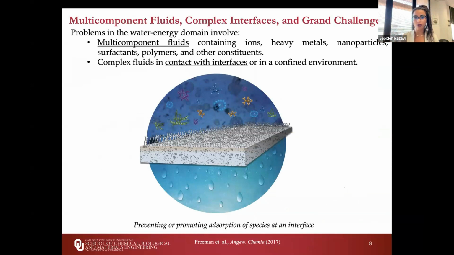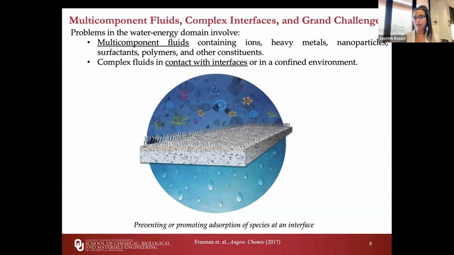Because if you're now thinking about wastewater, you're working with a soup of many different ingredients, such as ions, heavy metals, surfactants, polymers, nanoparticles, what have you. And you have to understand how these different species interact with each other. How do they interact with surfaces? For example, if you were to use membranes for separation, how can you selectively prevent or promote adsorption of a species? How would they lead to fouling?